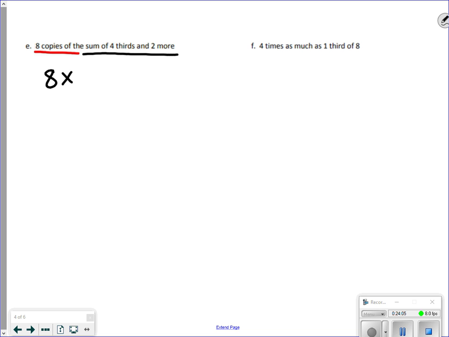You wrote that one down. The sum of 4/3 and 2 more. Now, I saw parentheses in the wrong place. It's 8 copies of this, so the parentheses should be there.